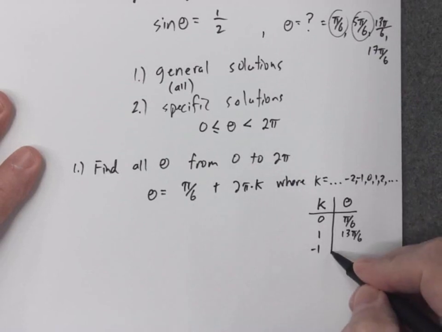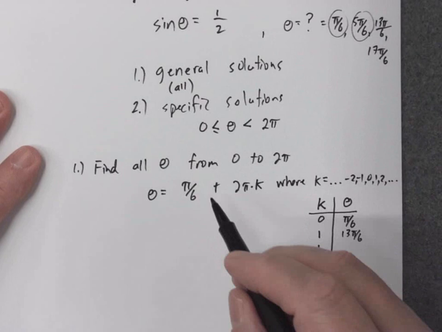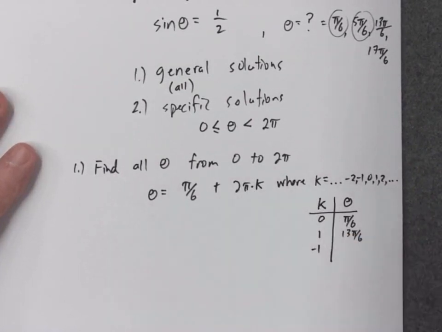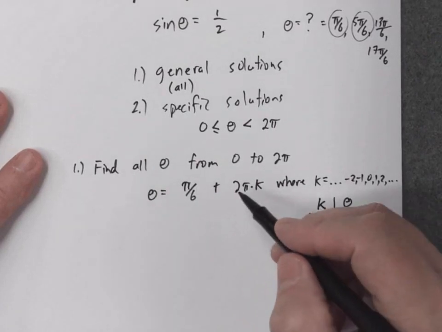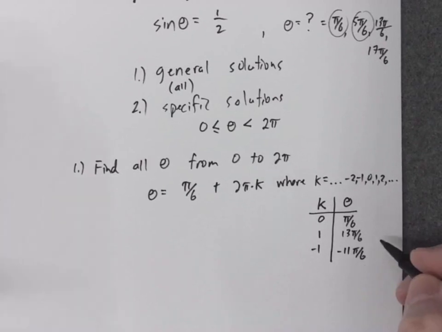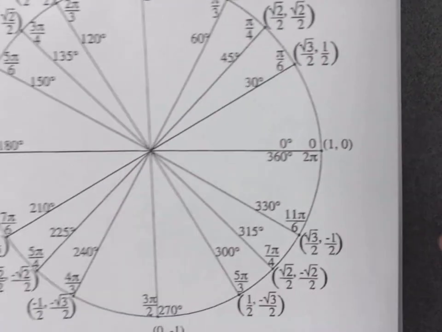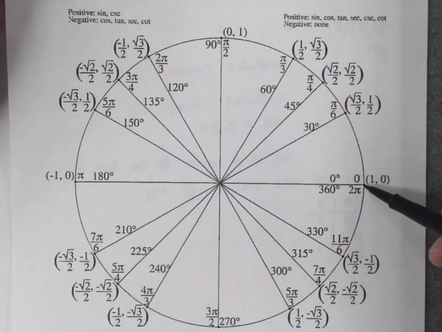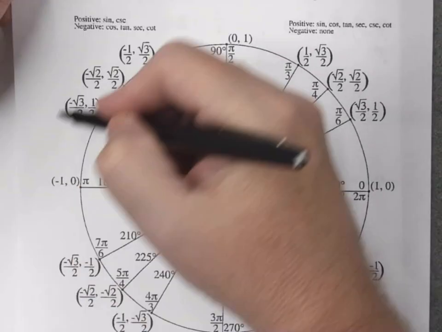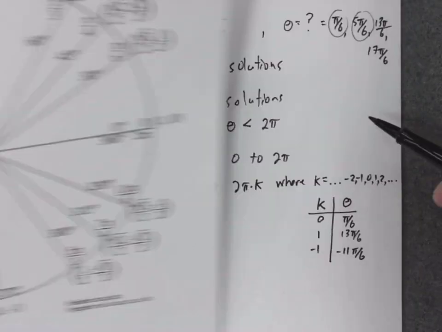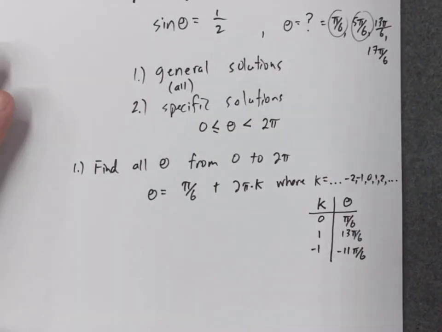So if I set k equal to -1, now I have pi over 6 plus a negative 2 pi, so it's really pi over 6 minus 12 pi over 6. If you go to the unit circle, it's not on here, but if I were to go to -11 pi over 6, I would go like this, and I would end up right here, which once again is a solution to this equation.